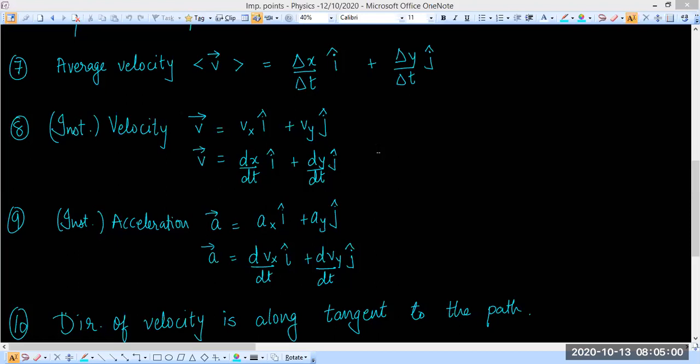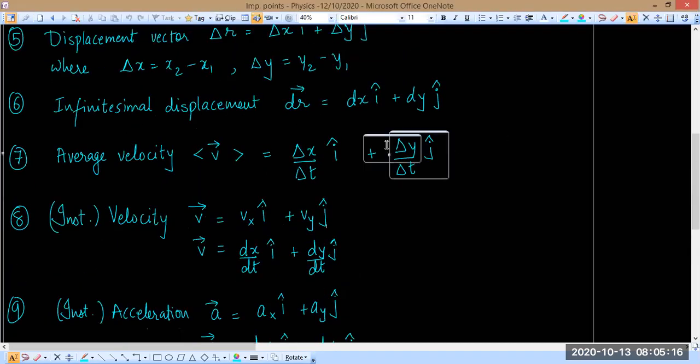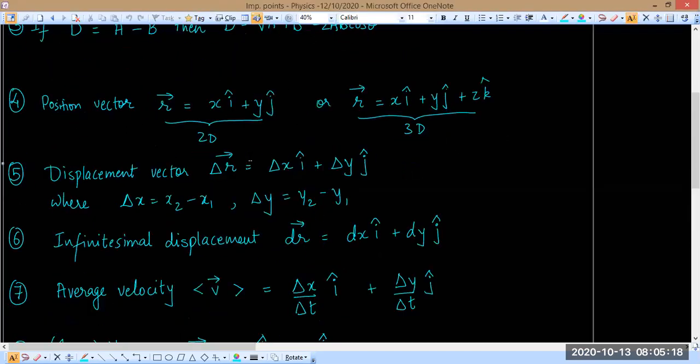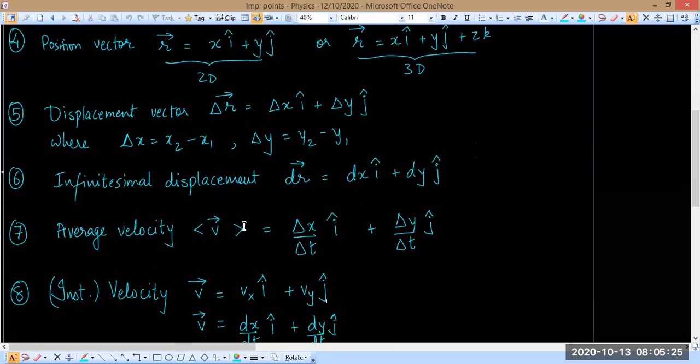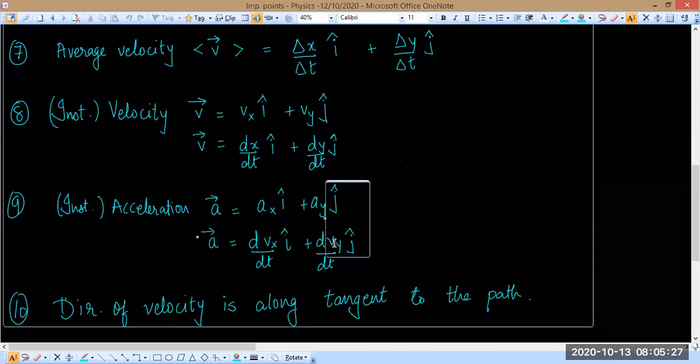So you have been given these important points yesterday, right? Which once again highlight that you can write all of these quantities in form of the components. So we're writing position in form of components, in 2D or 3D. Then accordingly everything, displacement, velocity, acceleration, they're all going to be in form of components.